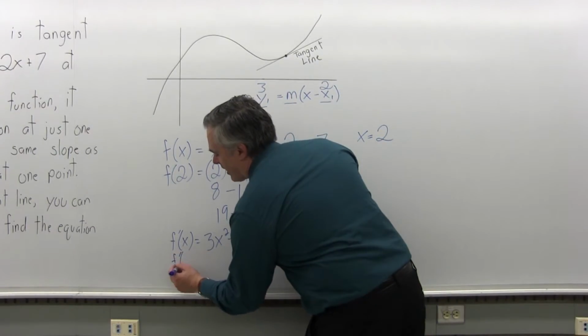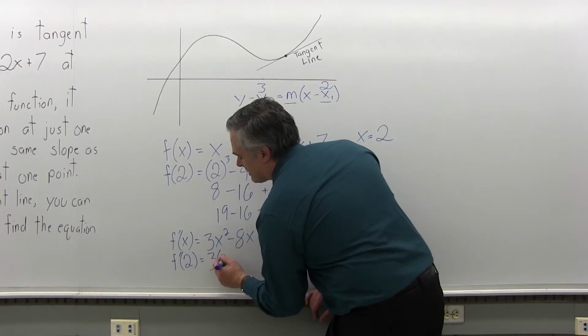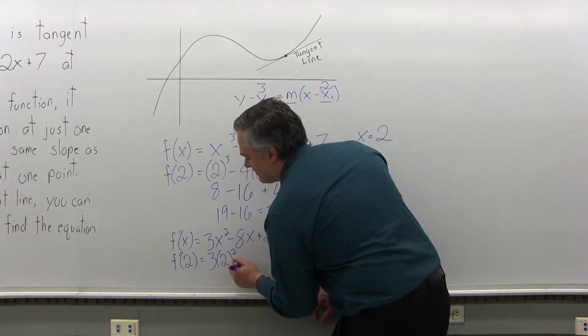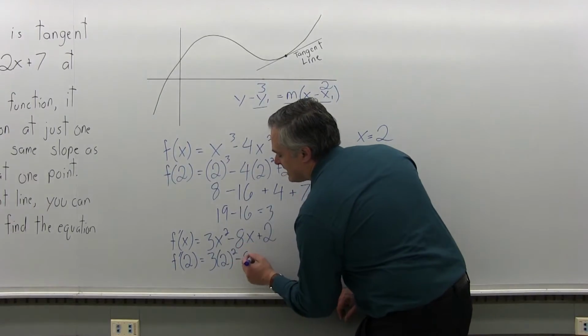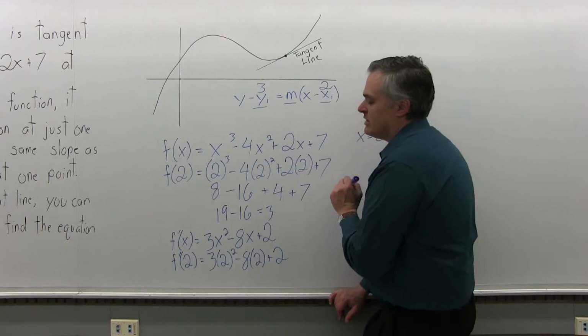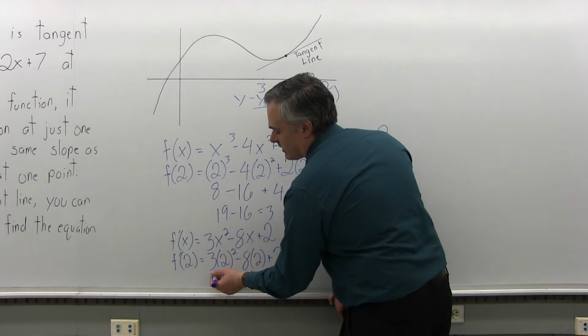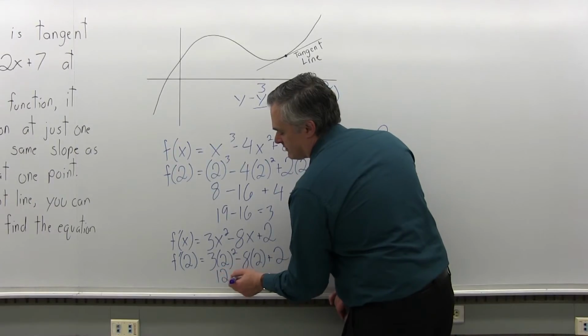So f prime of 2 is 3 times x squared becomes 3 times 2 squared. 8 times x becomes 8 times 2 plus 2 more. So 2 squared is 4 times the 3 in front. 4 times 3 is 12.